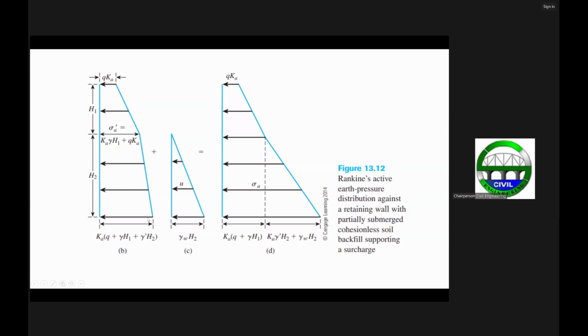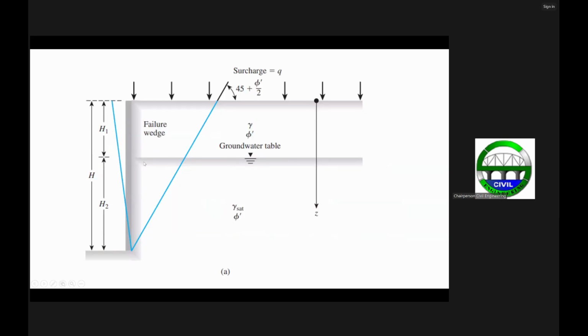Now, at the bottom, let's say at H sub 2, so from the groundwater level down to the bottom of the wall, you have here H sub 2.